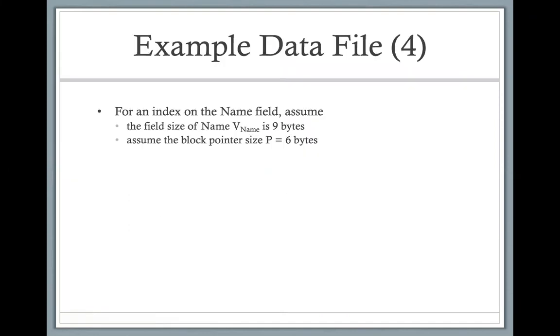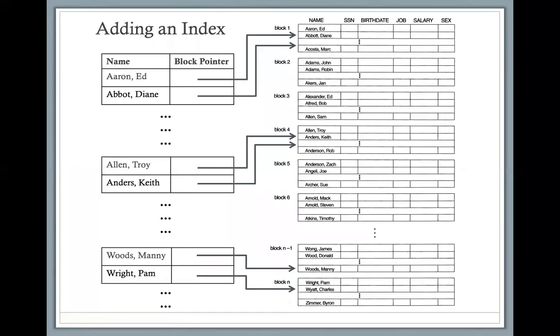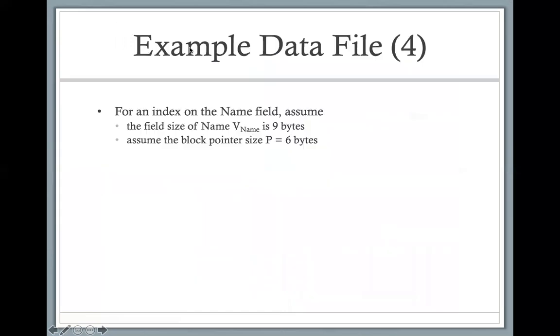So let's see why indices help speed up the queries. For an index on the name field, if you add this index on top of your table, let's assume that the name field as an attribute was a character of length 9, so it's 9 bytes.